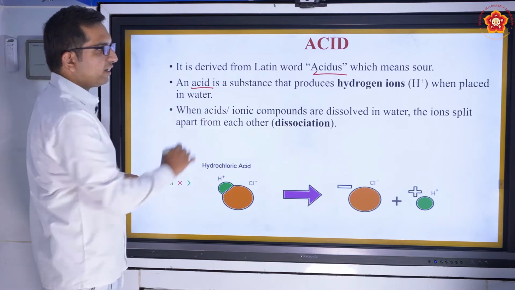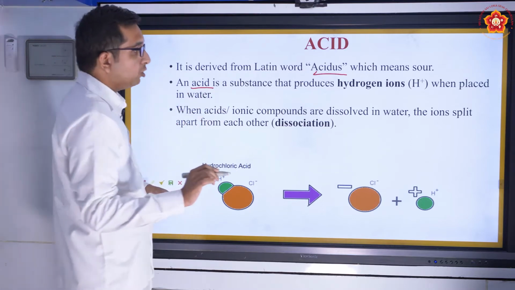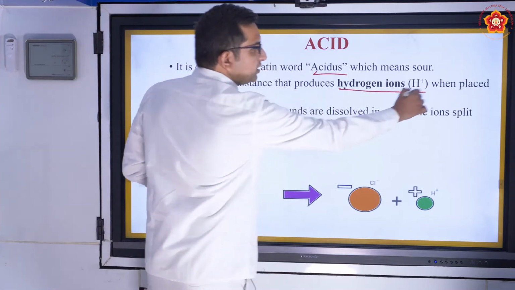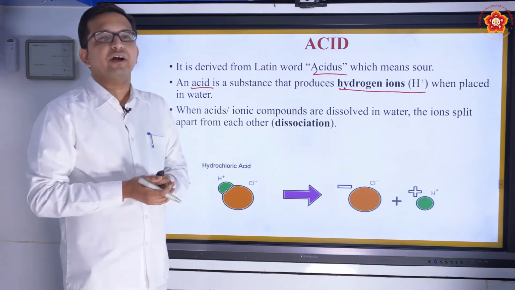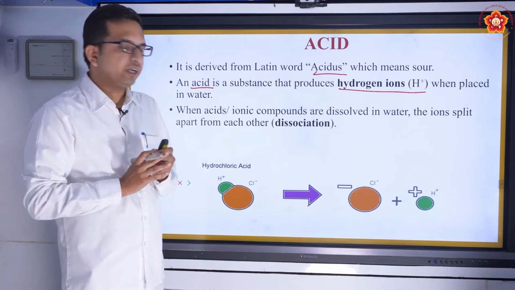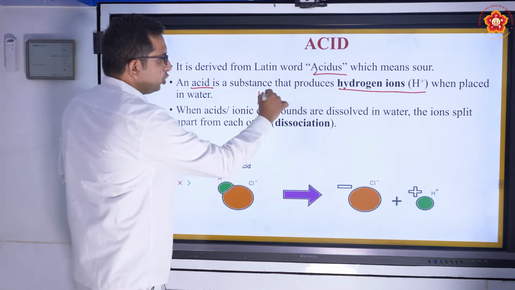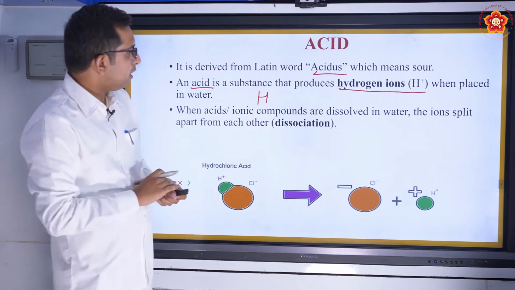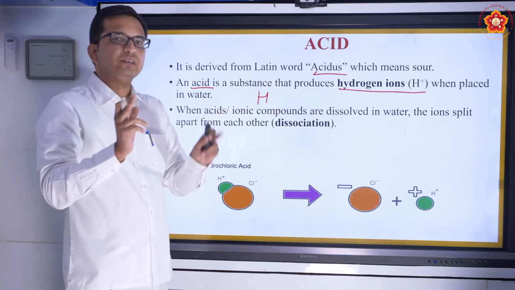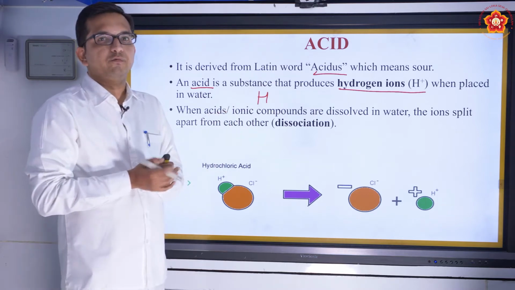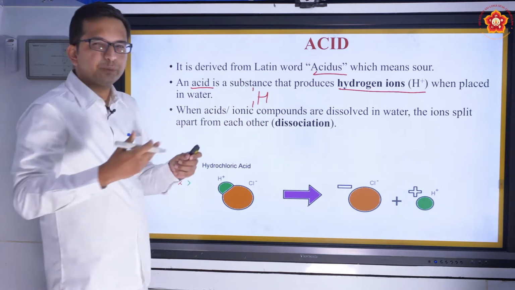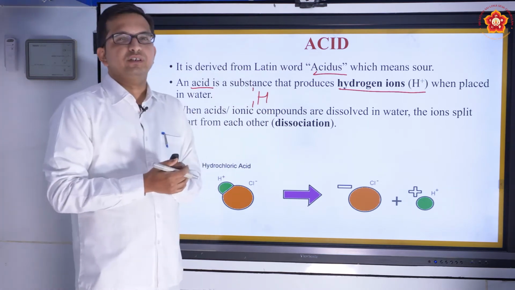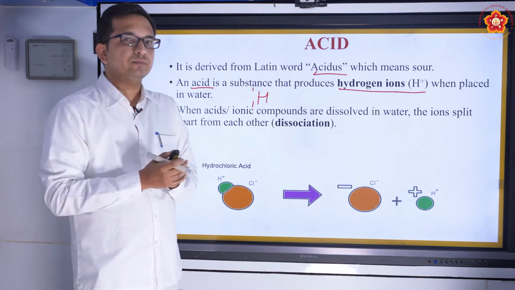They generalize it as those compounds which can give H plus ions, hydrogen ions. Now some basics regarding this: when you see the periodic table, hydrogen is denoted as H. It is the first element in the periodic table, where atomic number and mass number are aspects you study in further chapters or classes.